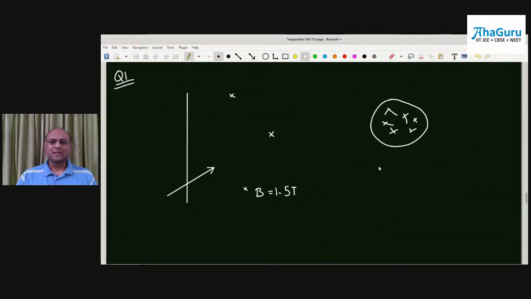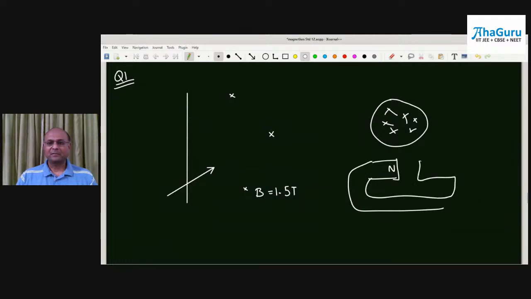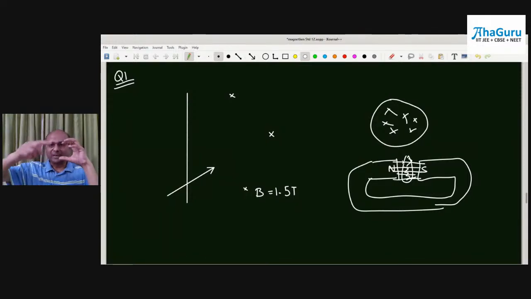How will you do these things? Well, you can take a very powerful magnet, North Pole, and let us say that you have a South Pole here. The magnetic field lines are all here. So this is telling us here is the region of magnetic field. For example, if this was a horseshoe type of magnet, but these borders were circular, then you can say that this boundary is also circular.